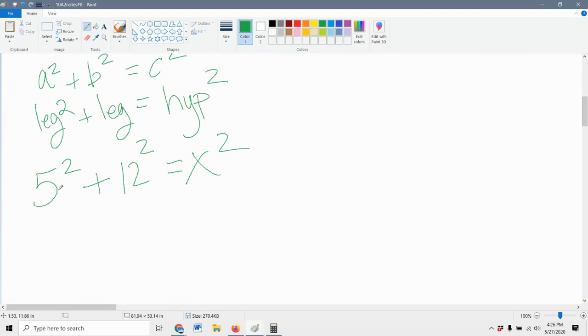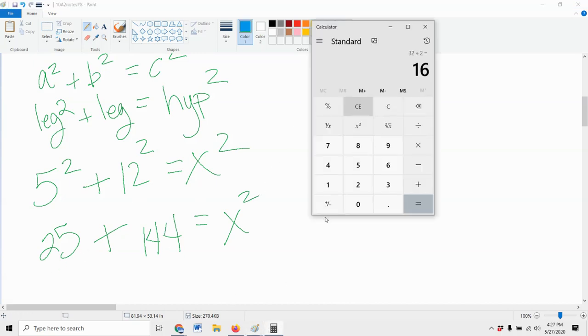Now, when we do this and we multiply this out, we'll get 25 plus, what's 12 times 12? Well, check yourself on your calculator. 144, still equals x squared. All right, now as we simplify, we'll add these together. Now, guys, don't hesitate to come in and do your arithmetic with your calculator.